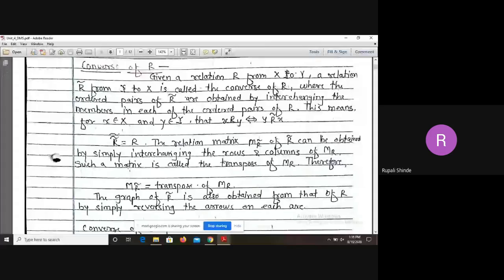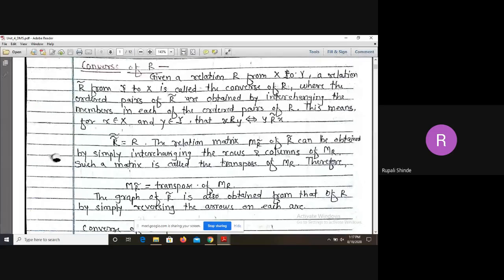The matrix drawn for any relation is called a relation matrix, denoted by MR, where M is for matrix and R is for relation R. Now, if MR is given, how to find MR converse? We can find it by just interchanging rows and columns. Rows will be replaced by columns and columns by rows. That is the matrix for R converse.